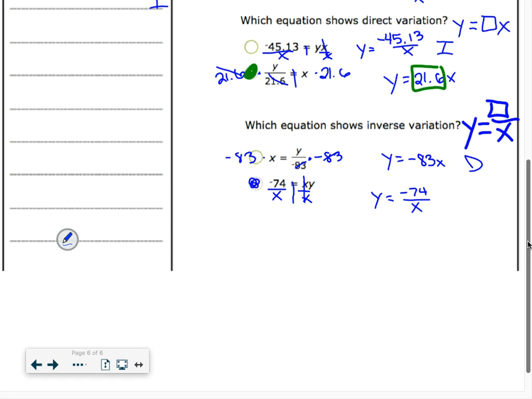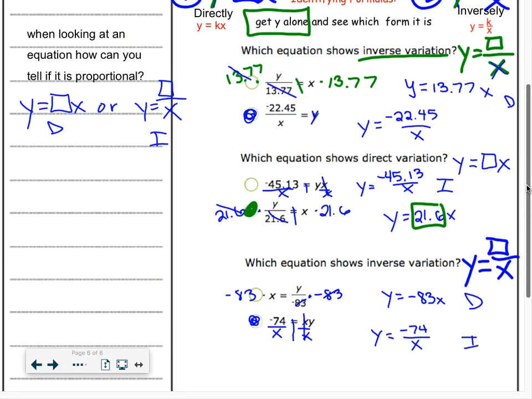That's inverse. Okay? Divide by x is inverse. So let me just summarize your goal: y alone, and then it's either going to look like the first one, you're timesing by x, that's direct, or after you get y alone, you're dividing by x, that's inverse. Okay? Use algebra if you don't see the pattern.